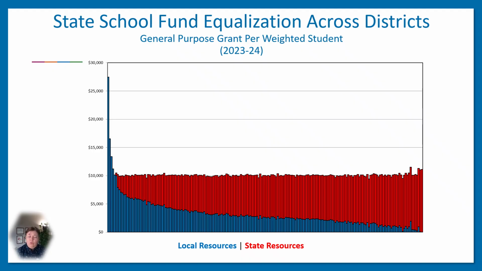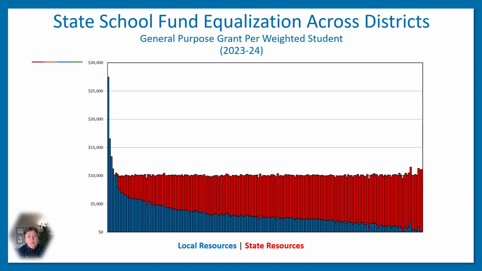And then the red portion is the portion of state resources that district receives. So you can see, looking across the graph, it's pretty equal. This is general purpose grant per weighted student, so per ADMW. So each school district is receiving pretty much the same amount per ADMW, but they're receiving a different proportion of state versus local resources.